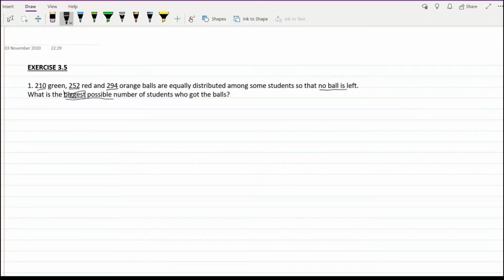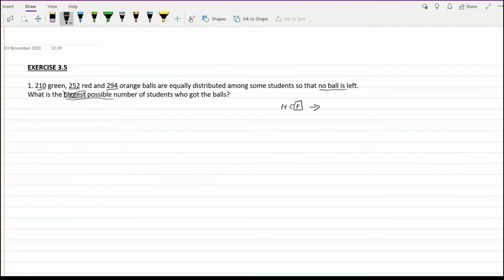Before going further, let us recall what we have studied in HCF and LCM. In HCF, the letter F denotes factors.